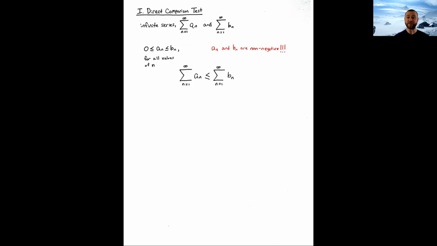All right, this one is almost identical to the comparison test for improper integrals. There's some assumptions here that we just have to be clear on. First assumption is we have terms of two infinite series, a sub n and b sub n, that are non-negative. So we can't have any negative values in any of the terms a sub n or b sub n.